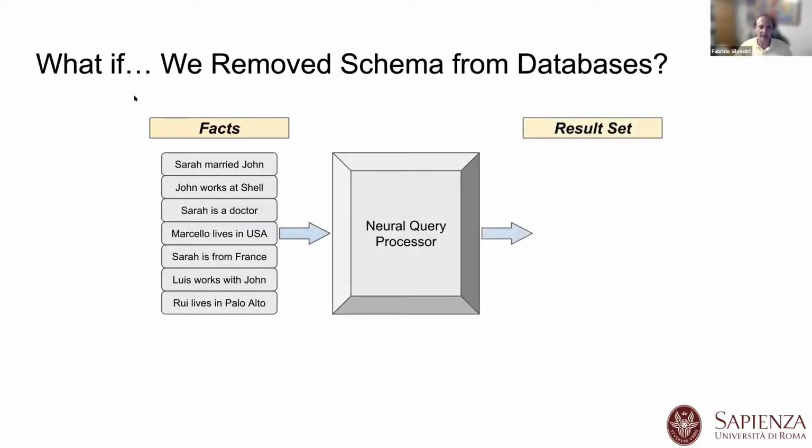And then the hope is that once you start asking queries such as who is French, the neural query processor will exploit some kind of internal knowledge to, for instance, reply that Sarah is French because Sarah is from France.